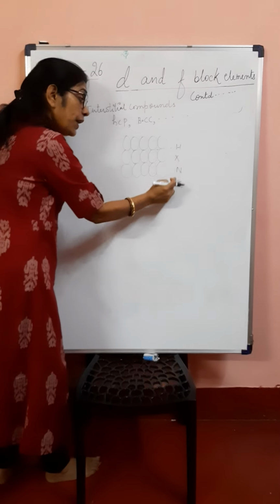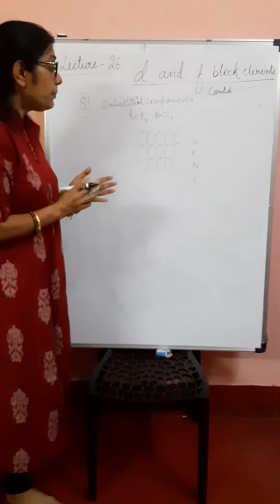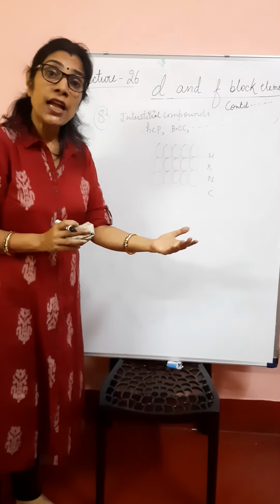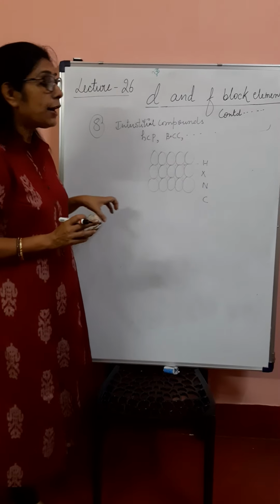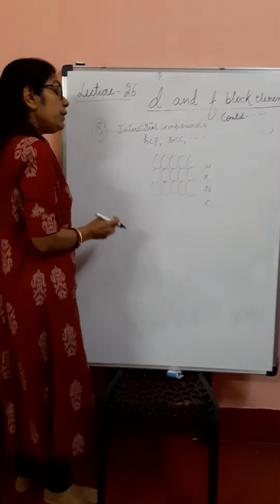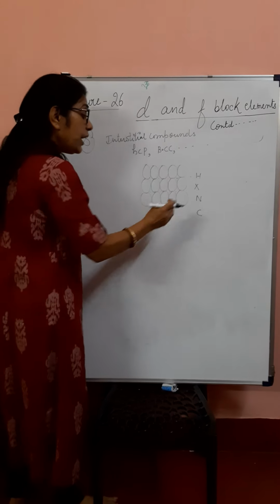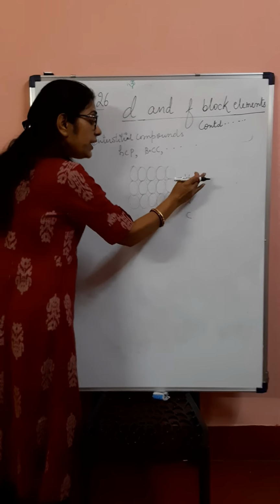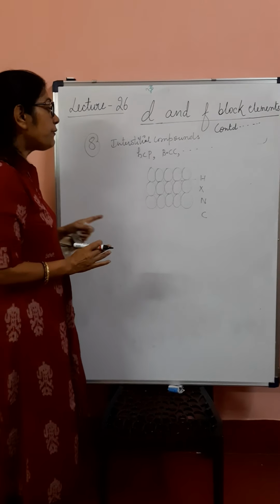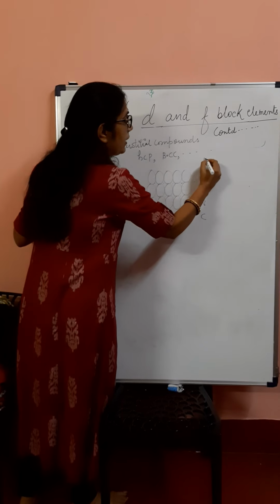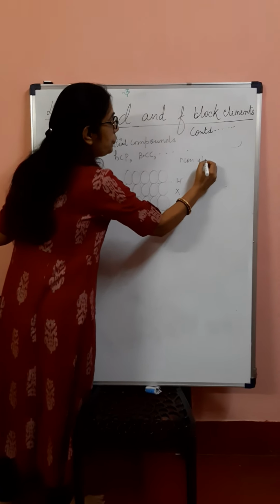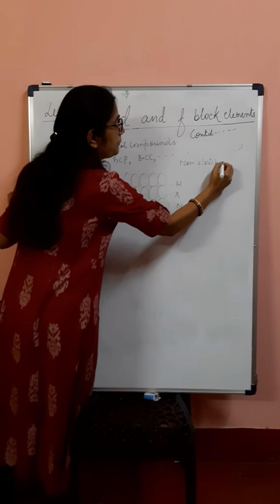Why do these non-metals occupy these voids? Because they are smaller in size, so they can easily be accommodated in these voids. If it is occupied by hydrogen, they are known as hydrides; by carbon, carbides; then nitrides and halides. Apart from this, these interstitial compounds are non-stoichiometric.